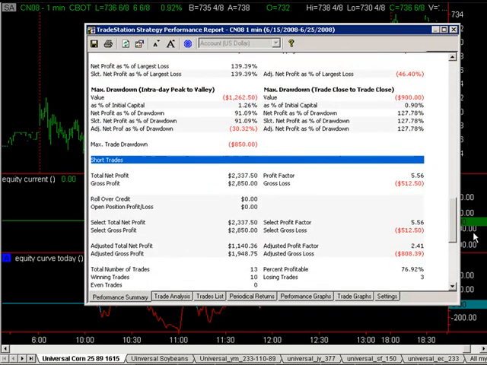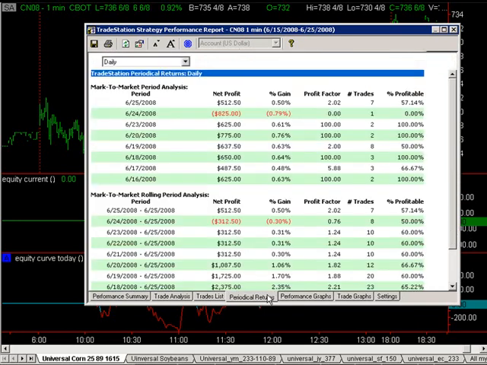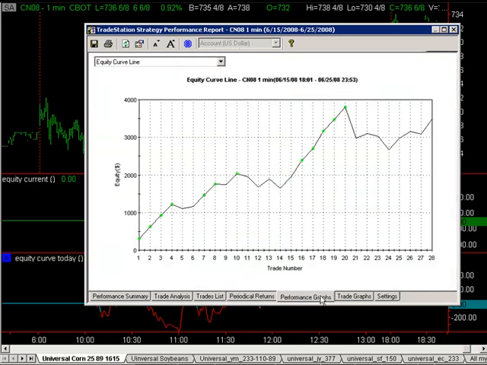Drawdown was around $1,200. You can look at what the periodic return would have been each day. You can also graph these returns.